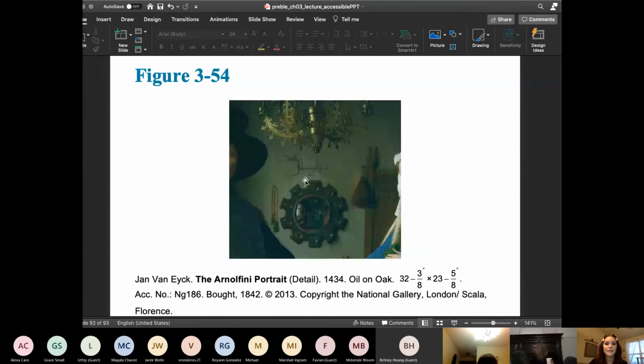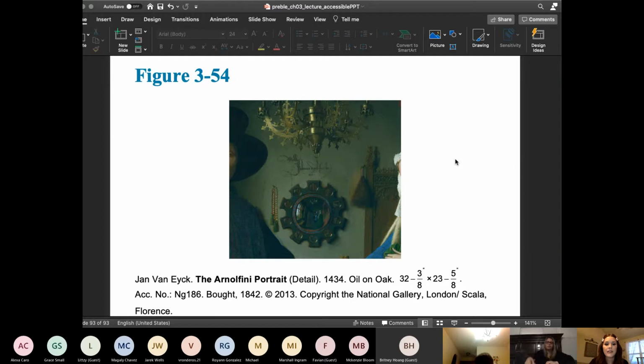Which we can kind of see here. You can make out the brush head here, the opulence of the gold chandelier. You can see her fur there, his fur. You can see the different textures. These are implied textures to try and give us a sense of realism for the piece.